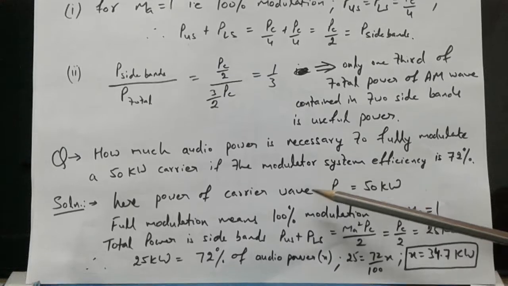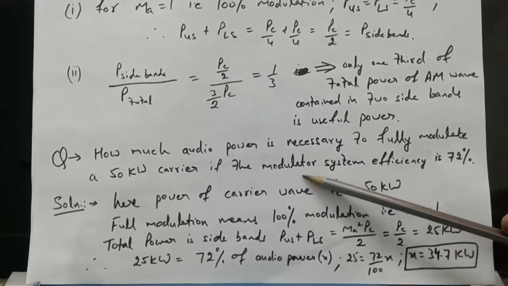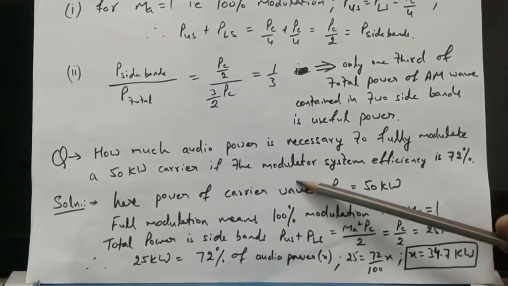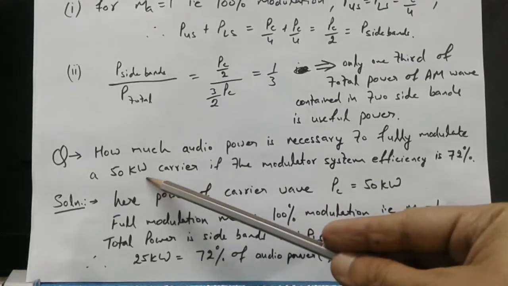Audio power means the power associated with the audio signal. So what the question asks is that you have a carrier wave whose power is 50 kilowatt.